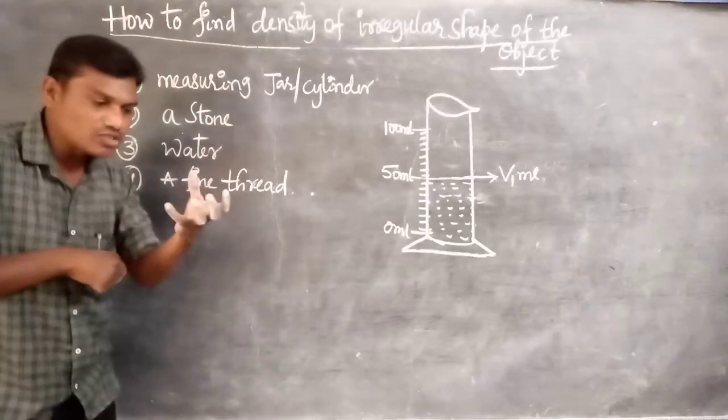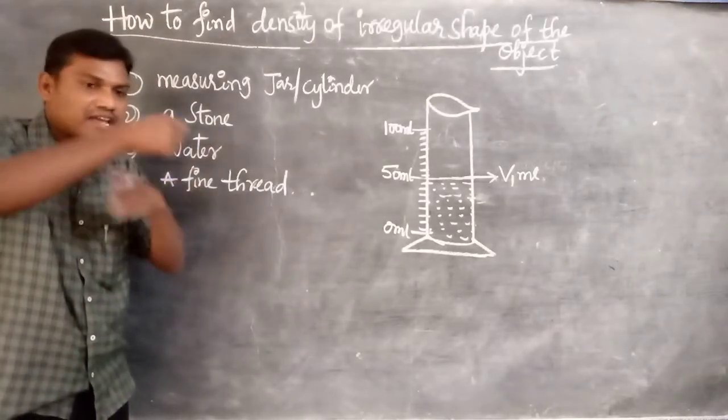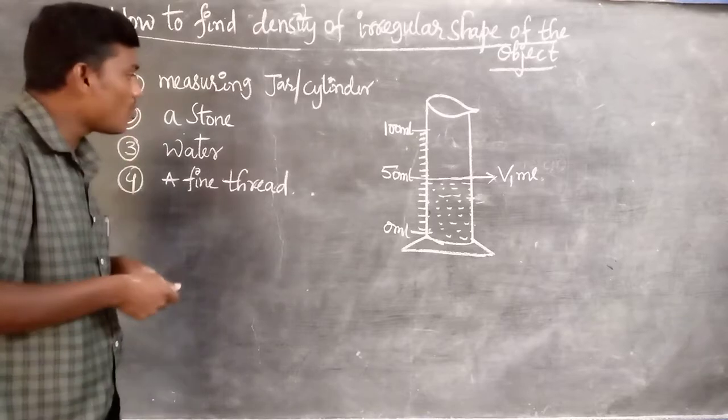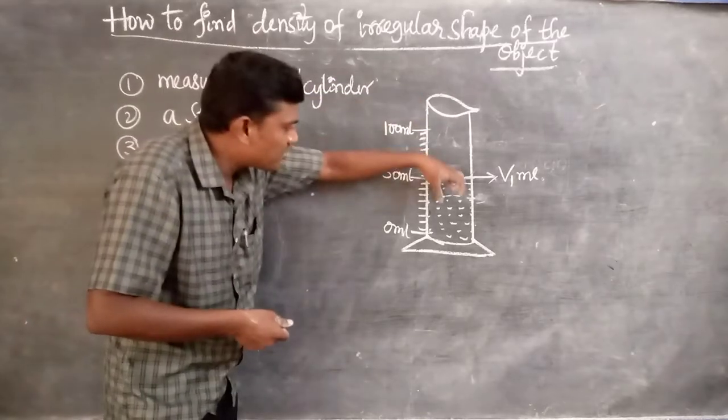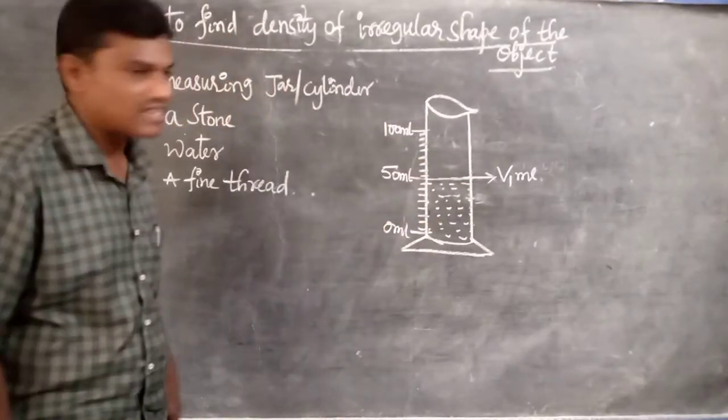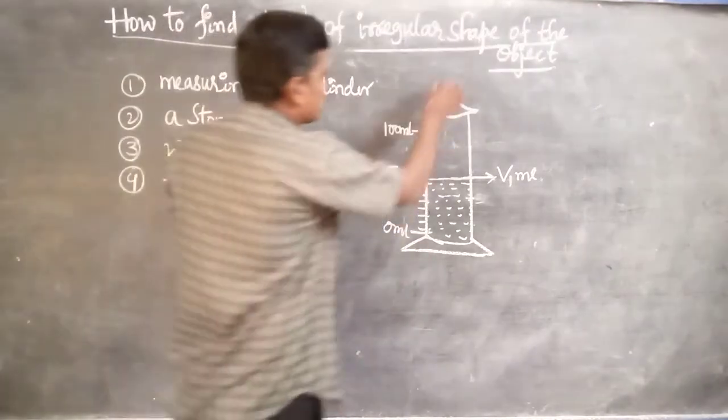Now we take the stone, tied with thread on all sides, and slowly dip it completely into the water in the measuring jar.